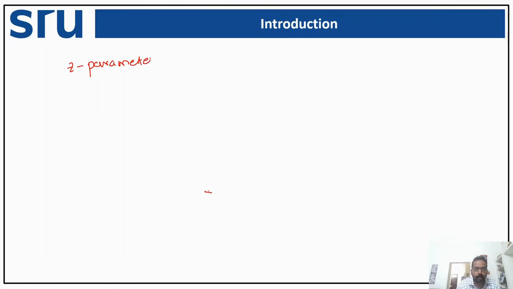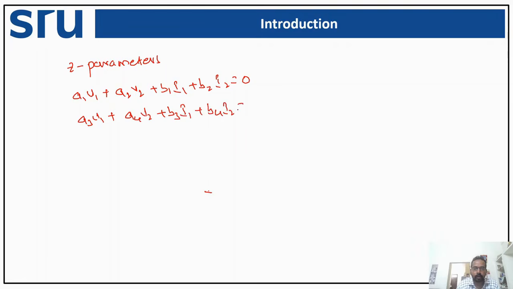Z parameters. How did we write the equations? Initially, we wrote two equations: a1 v1 plus a2 v2 plus b1 i1 plus b2 i2 is equal to 0, and a3 v1 plus a4 v2 plus b3 i1 plus b4 i2 equal to 0.